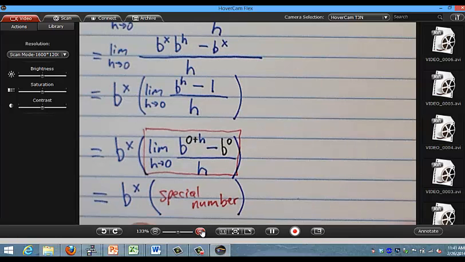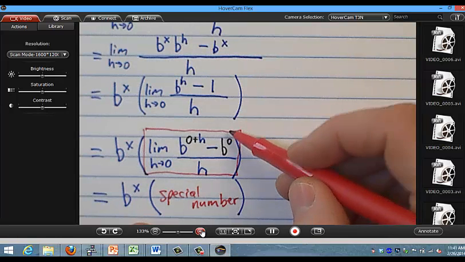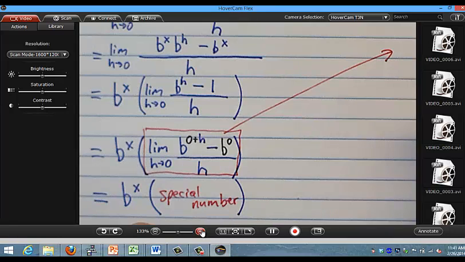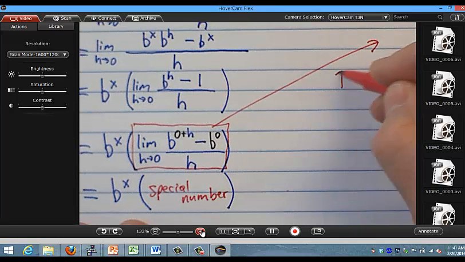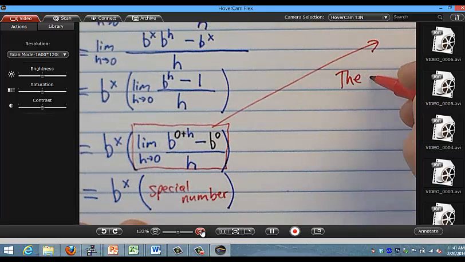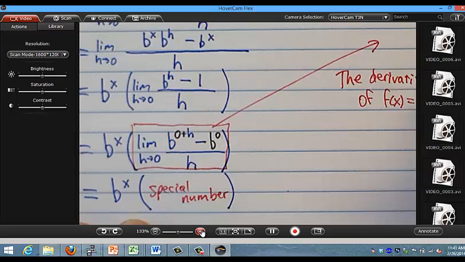But what this is, I claim, this is the derivative of f of x equals b to the x power evaluated at x equals b.